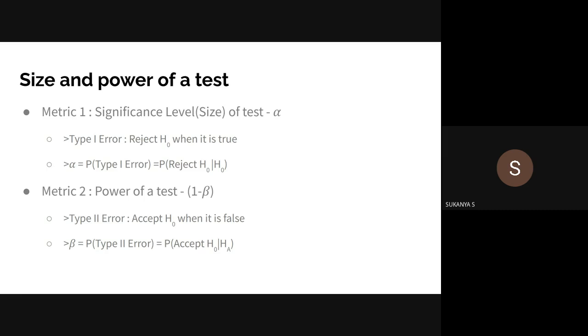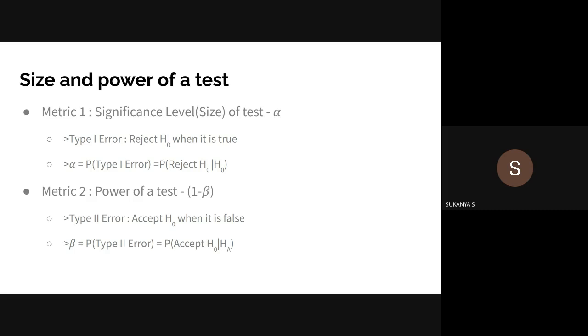Okay, you know that the alternative scenario is a better one. You know that your hypothesis is false, still you are accepting it. That is type 2 error. And the type 1 error is you are rejecting it when you know that it is a good product or when you know that the null hypothesis is true.